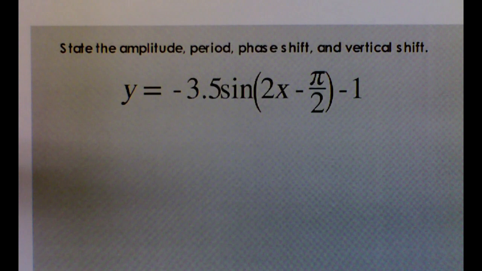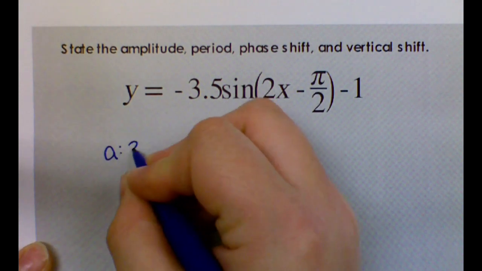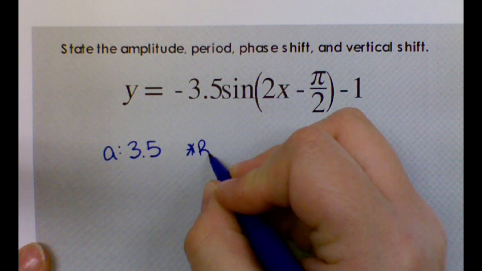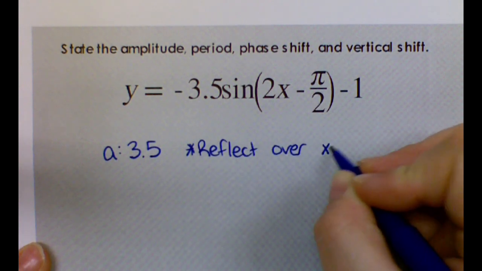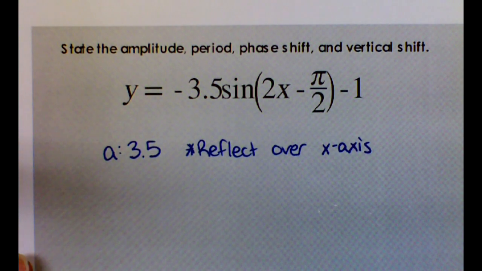Amplitude, period, phase shift, and vertical shift of this one. We start with the amplitude. The number in front is 3.5. It's important to note here, that's also a reflection over the x-axis. That's not always in my question, but it's important.